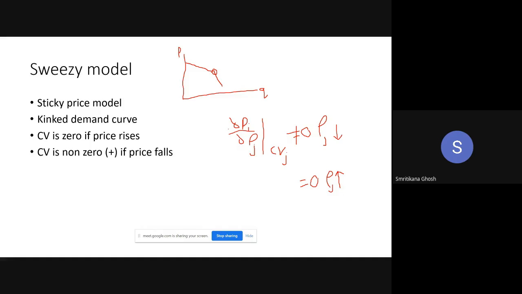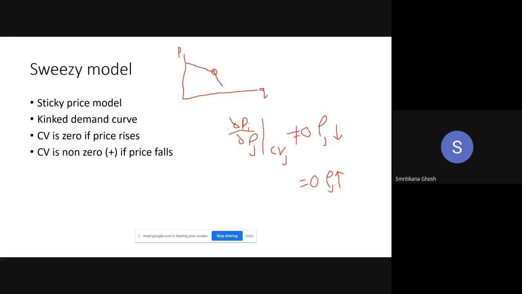No one is sharing my loss. So the change in quantity due to change in price when the price is increased is quite high as compared to the change in quantity due to change in price when the price is falling. Is that clear?